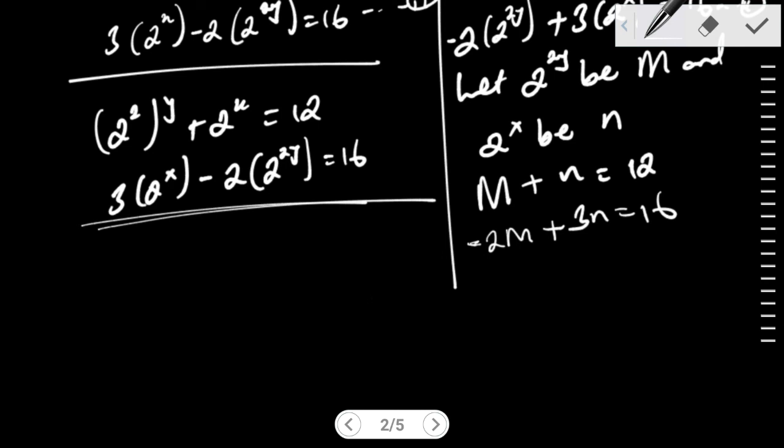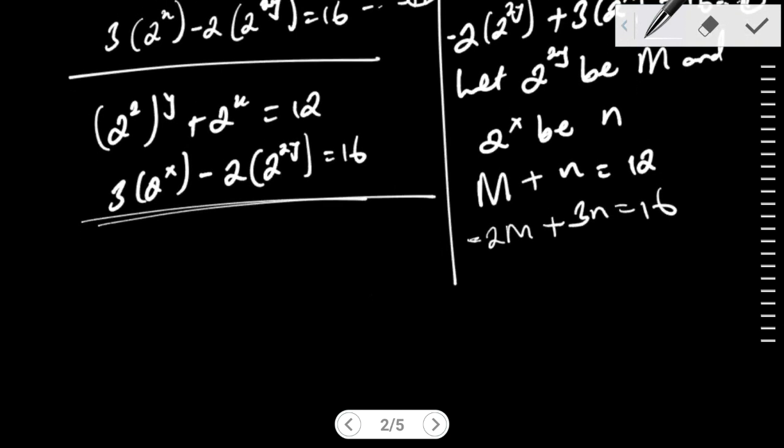As I said, you can use any of the methods, but I would prefer using substitution because it's cheaper. If I'm to make m in both equations equal, I multiply the first by 2 and the second by 1.